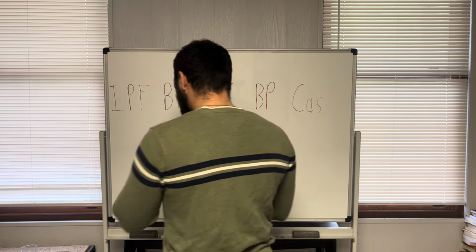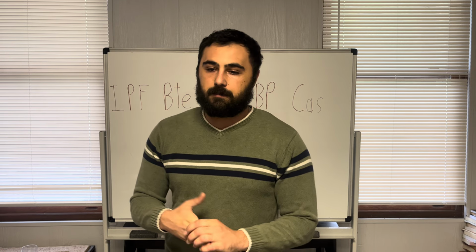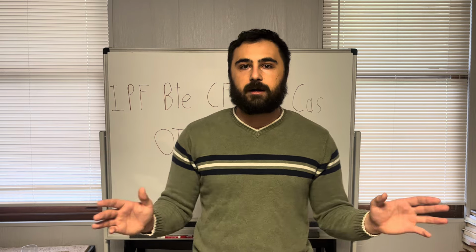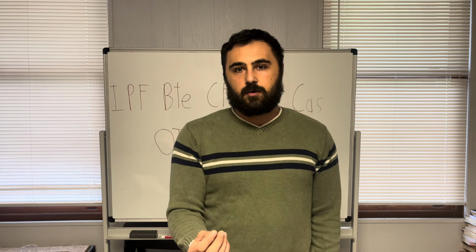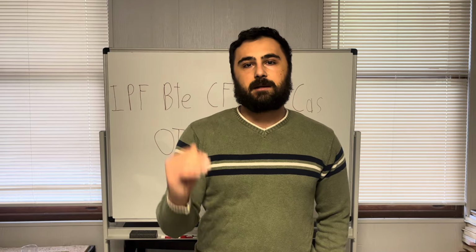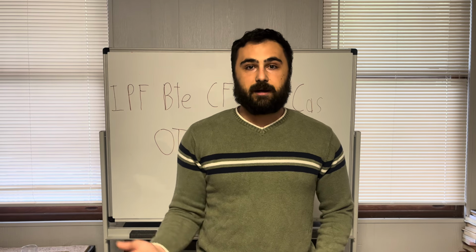Now we're going to go on to barrier to entry. I think this might be one of the most important ideas in the whole framework, because if you think about it, everything you do has a barrier to entry to it. Your job had to meet a certain barrier to entry. Your partner had to meet a certain barrier to entry.